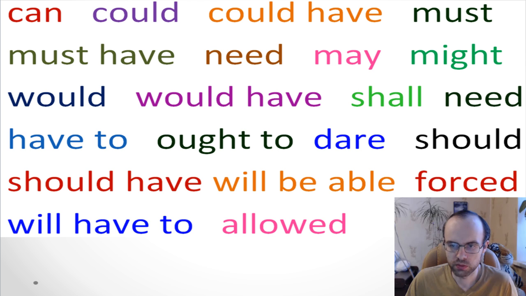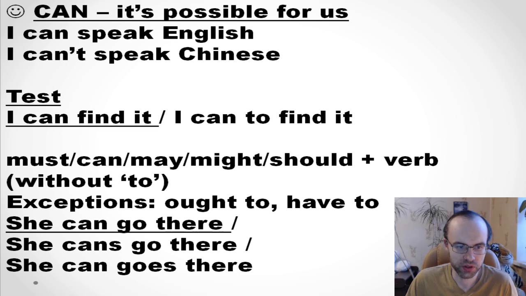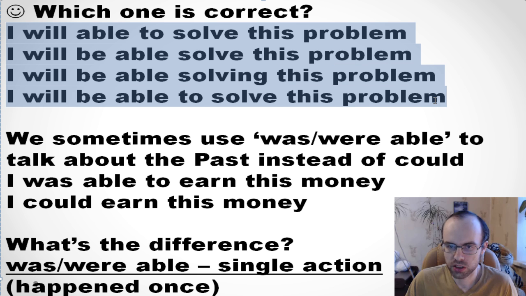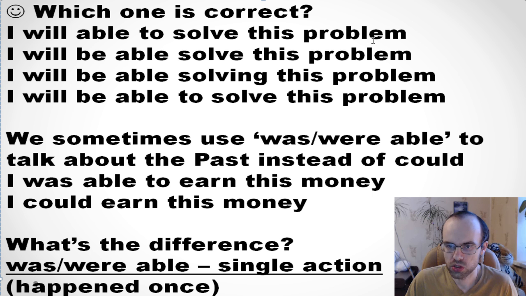Okay, more practice for you. I think you don't mind. You don't mind means I think it's okay for you. So, which one is correct? Please think about it. I will able to solve this problem. I will be able solve this problem. I will be able solving this problem. Or I will be able to solve this problem.